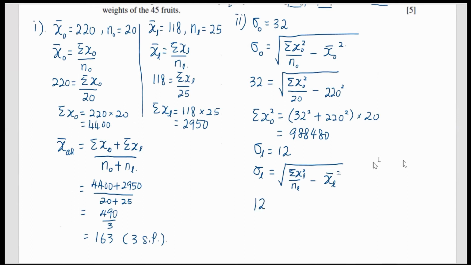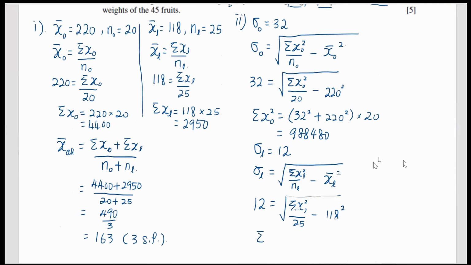This one is 12, and this is what we need to find out, divided by 25 lemons, minus the mean of lemon given by the question, 118, and need to be squared.